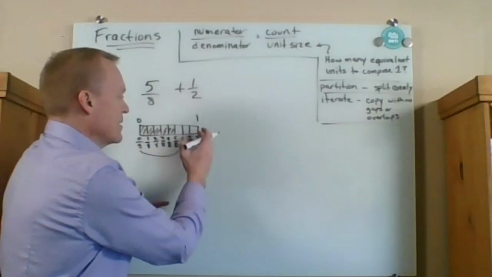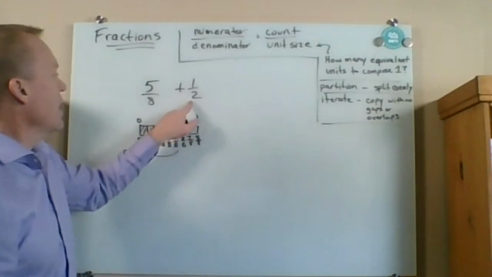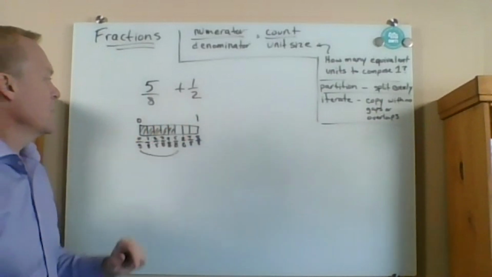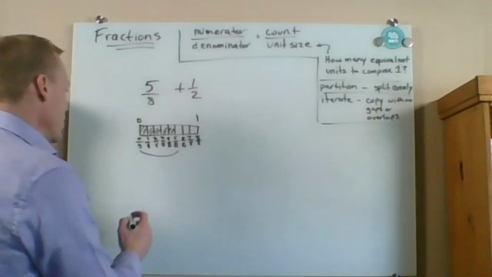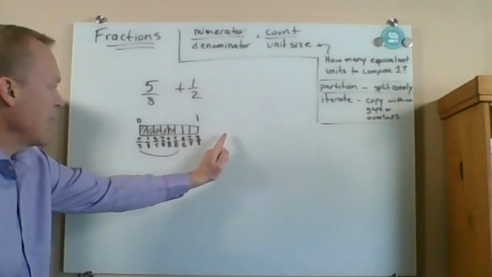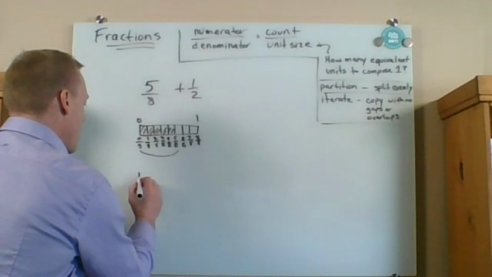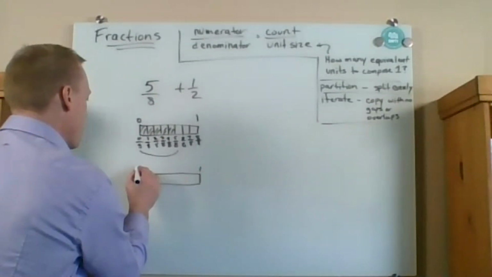That means if we had 16 of them, we'd have a unit of 2. Now what we have here is 1/2. They're not in the same unit, so we have to create an equivalent fraction. So down here, I'm going to add on a half, but I need to do it in eighths. If I don't know what that is, I'm going to initially do the same unit of 1.